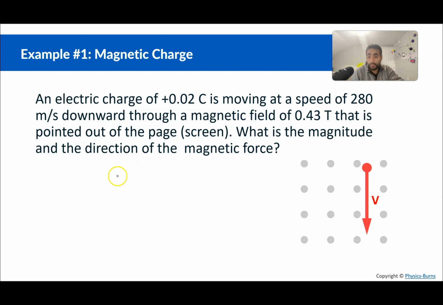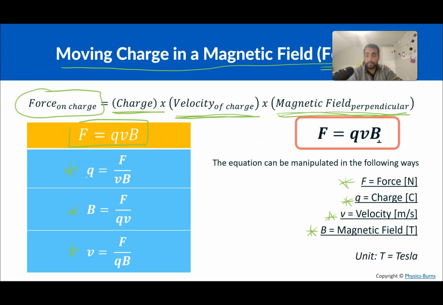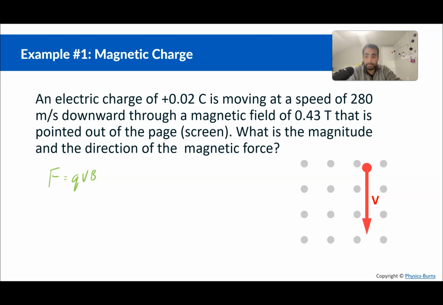Okay, so first let's just look at the mathematics. The force is equal to QVB. If you remember from the formula, QVB. And remember, this B has to be perpendicular. The magnetic field has to be perpendicular. So for the charge, 0.02, velocity, 280 meters per second, and the magnetic field, 0.43.